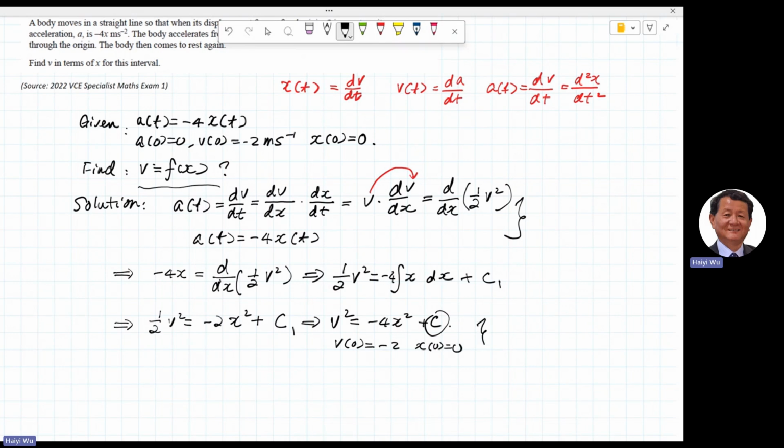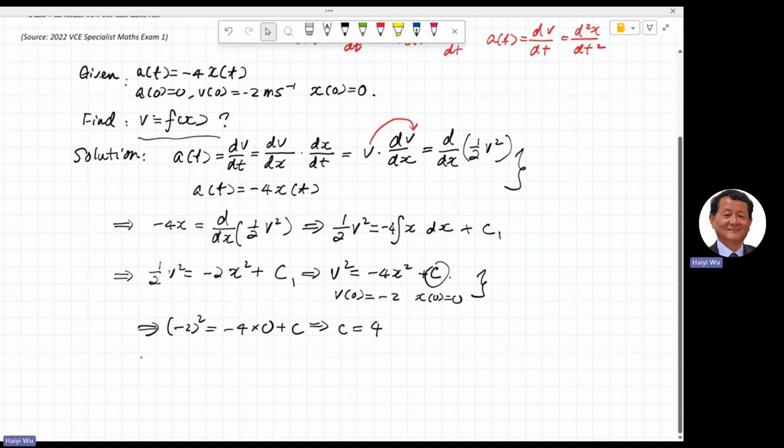So we substitute into the function to find c. We have negative 2 squared equals minus 0 plus c, so therefore c is 4. So therefore we get v squared equal to negative 4x squared plus 4.